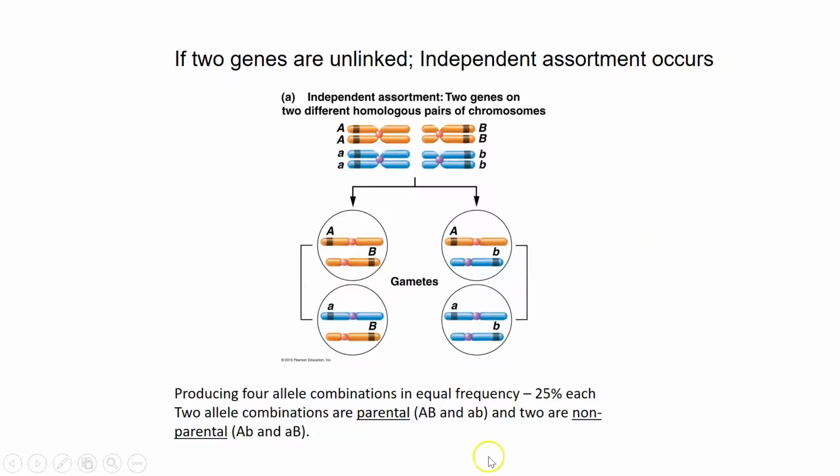Two are parental, big A, big B, seen back here, the yellow represents one parent, and little a, little b, also parental. Two of them are non-parental or recombinant types, big A, little b, and little a, big B. Okay? And so it's 50-50 parental or non-recombinant and 50% recombinant.